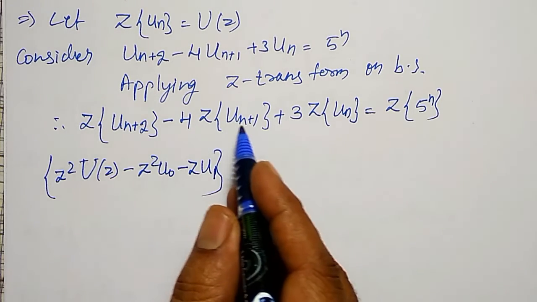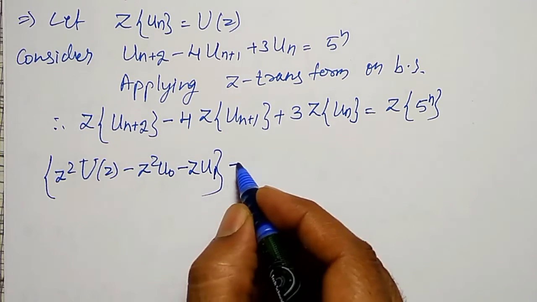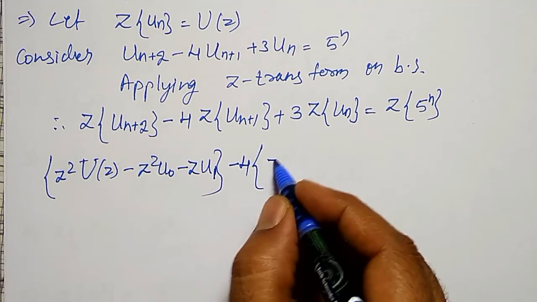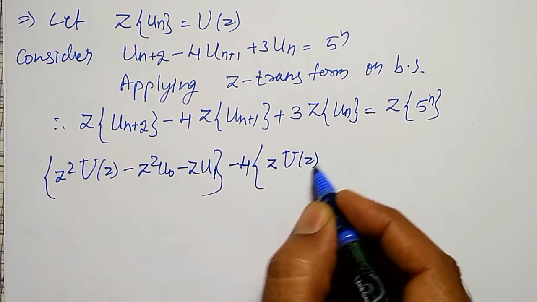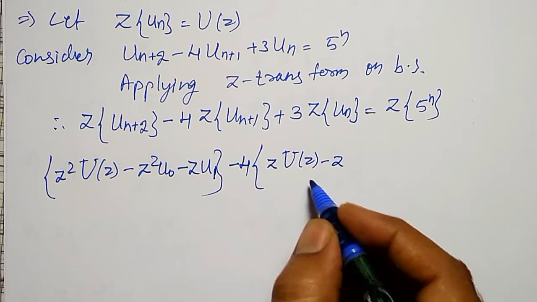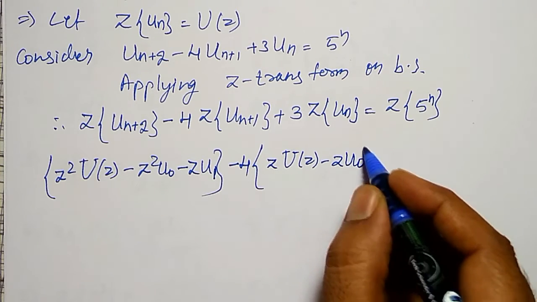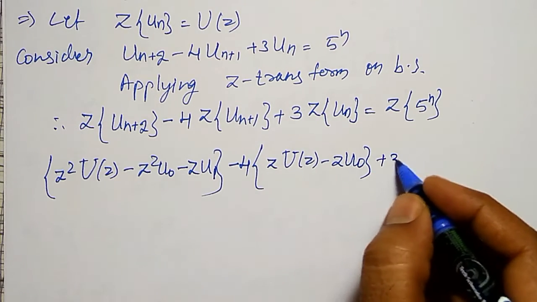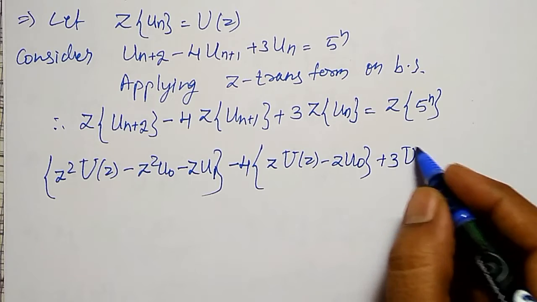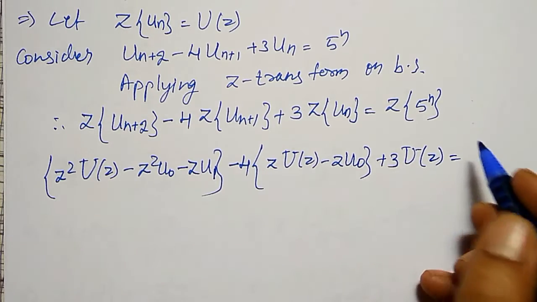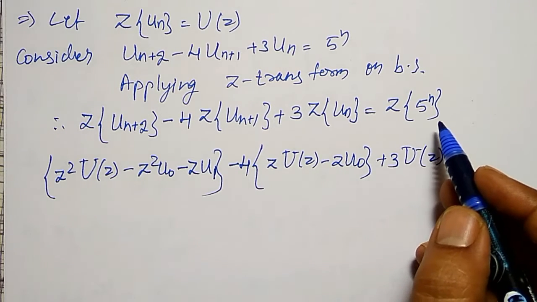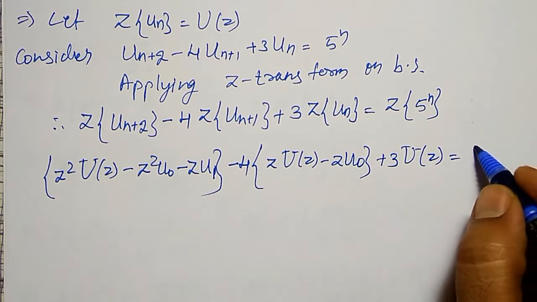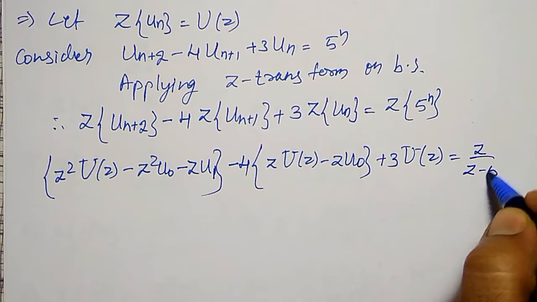Like that, z transform of u(n+1), minus 4 times (z U(z) - z u0), plus 3 times z transform of u(n), which is U(z), equal to z transform of 5^n. a^n is z divided by z minus a. Therefore, 5^n is z divided by z minus 5.